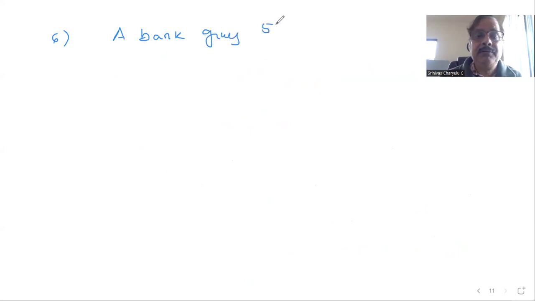Okay. Next question. So this may be the last example. There is a bank. What it is doing, a bank gives 5% per annum on its principal.